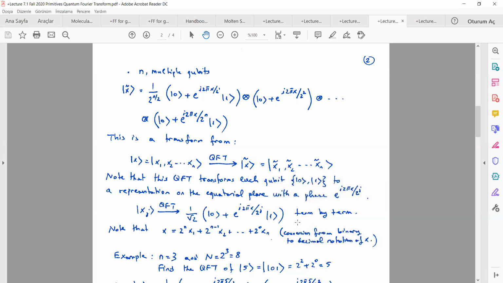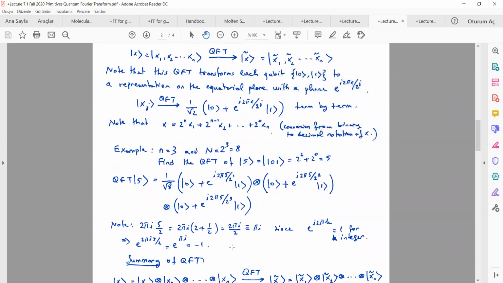So term by term, in the input in the computational basis we have ket x1 tensored with ket x2 tensored up to ket xn, and in the output we have again a tensor product of n terms, like n qubits, but this time in the equatorial plane with these phase angles.